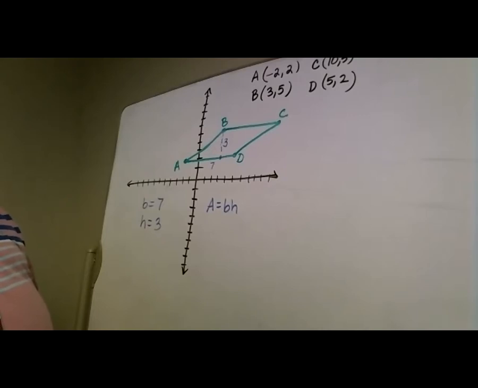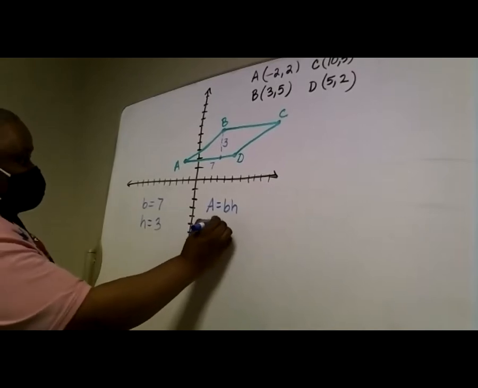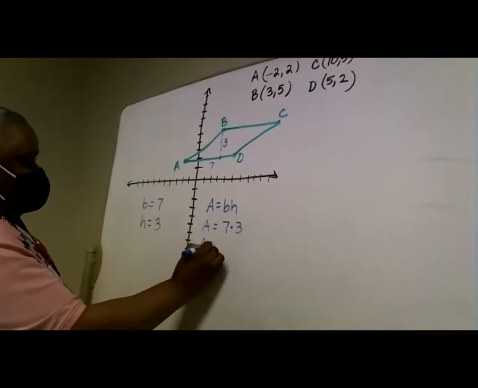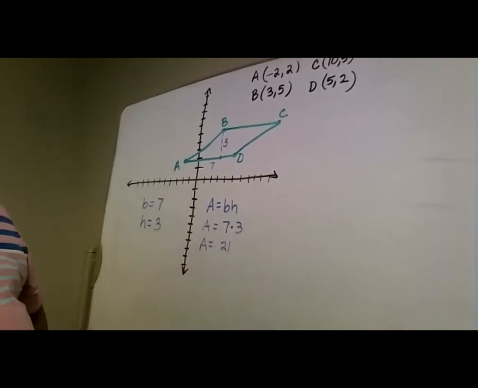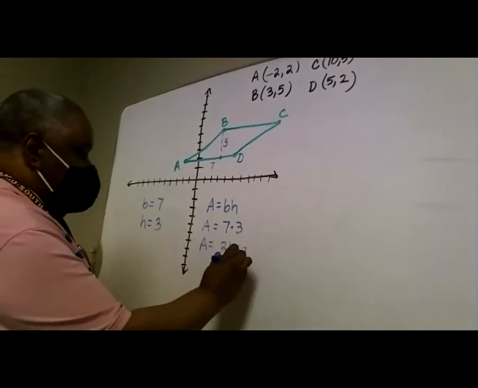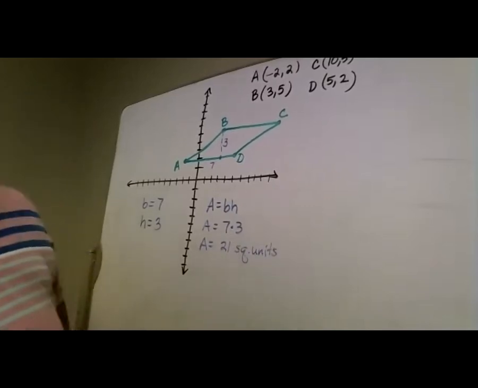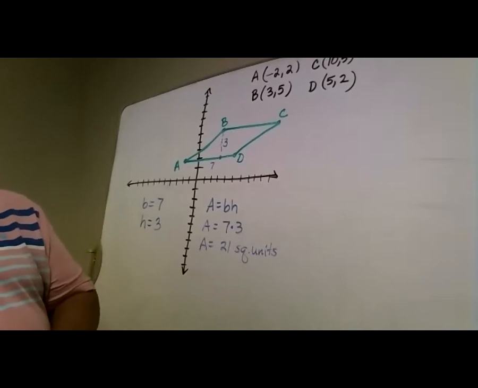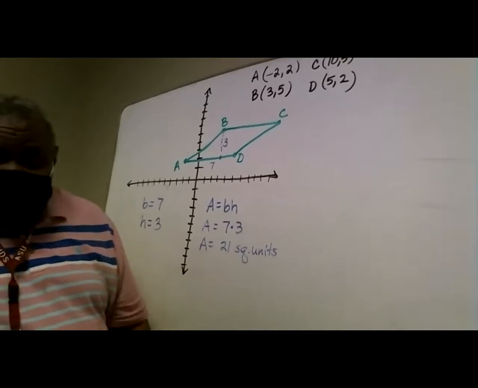So I know what the base is and the height, so I can find the area of this parallelogram. This will be 7 times 3, which is 21, in square units, by the way. So the area of that quadrilateral will be 21 square units.